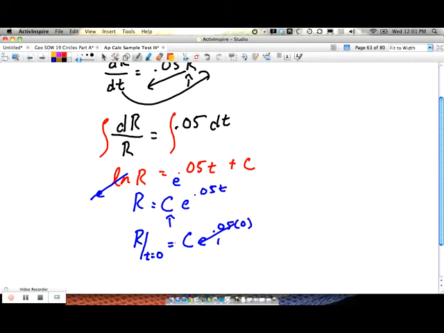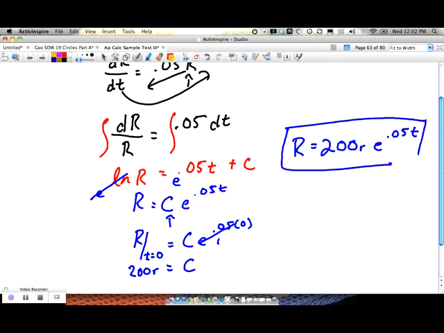So C is our initial value. Well, our initial value, what we have now, is 200r, 200 lowercase r, equals C. So R then is 200 times little r times e to the 0.05t.